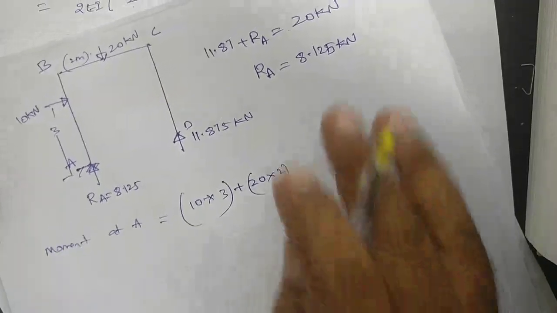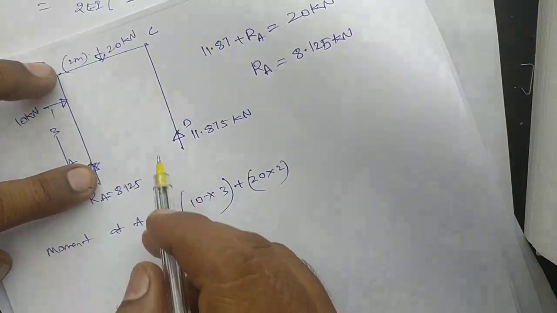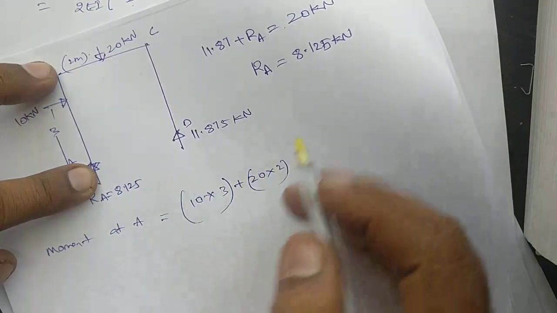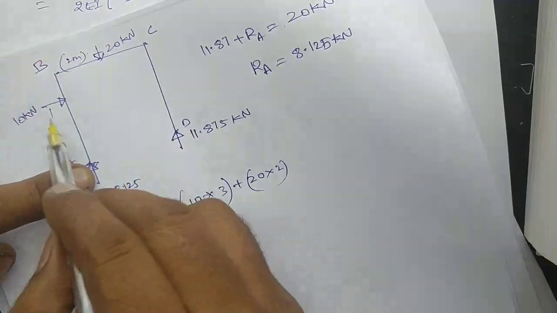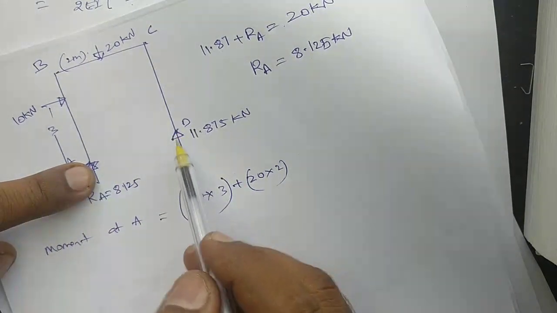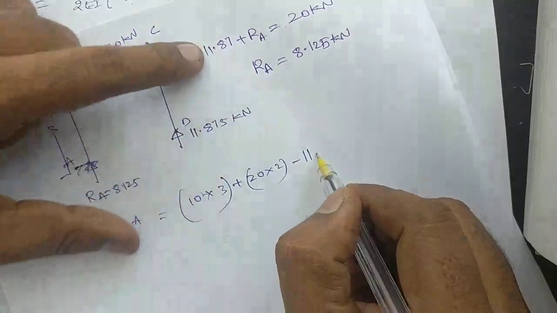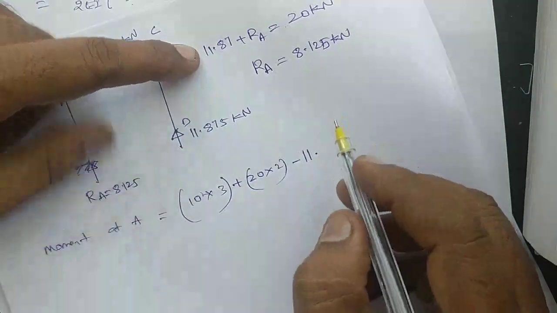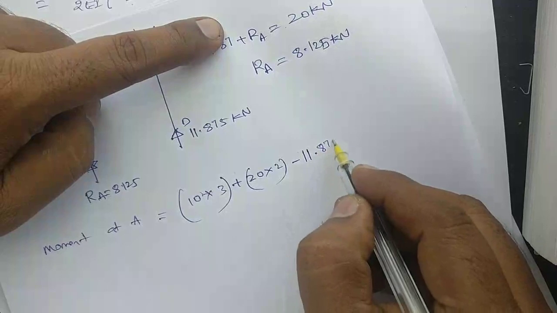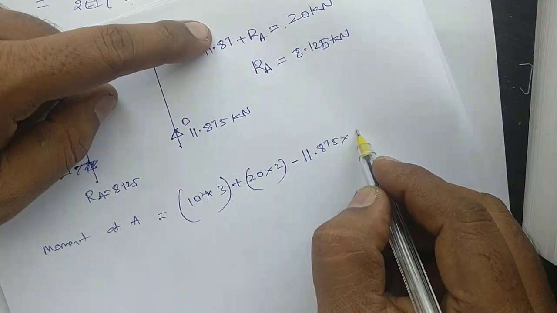Then moment at A will become 10 into 3 plus 20 into 2, and this is minus 11.875 into 4.